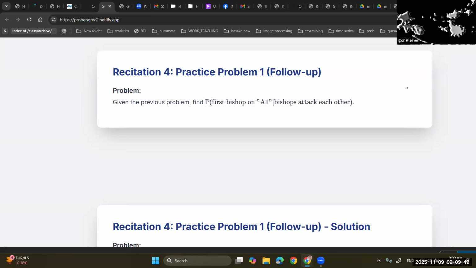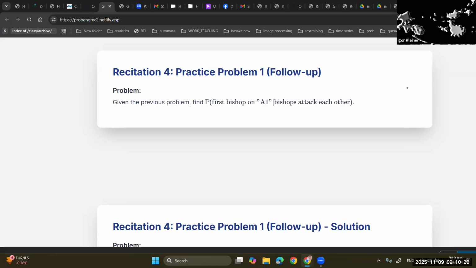Let's start from this value. What is the probability that the first bishop will stay in this corner? The probability of B is very easy to find. It equals 1 divided by 64. We have only one corner out of 64 points.